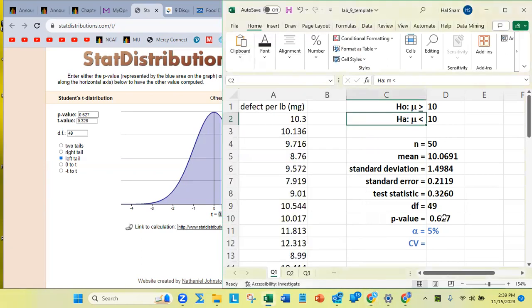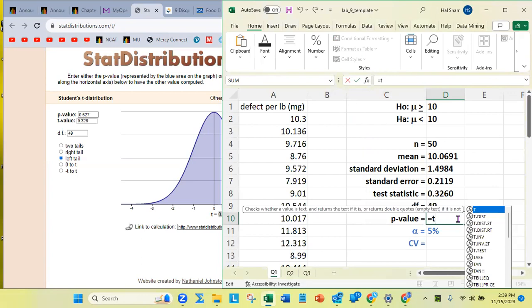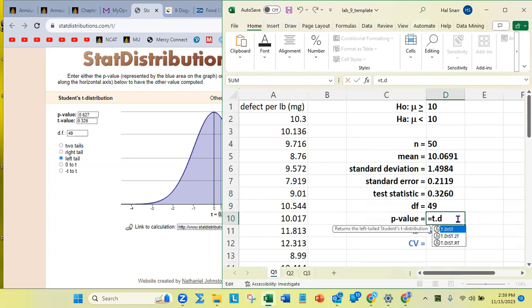So let me use Excel to verify that 0.627 is pretty close to my p-value. What I'm going to do is use =T.DIST, because again, population standard deviation is not known. If I do T.DIST, I need a number on the number line, and the number on the number line is my test statistic. Then I do comma, degrees of freedom.